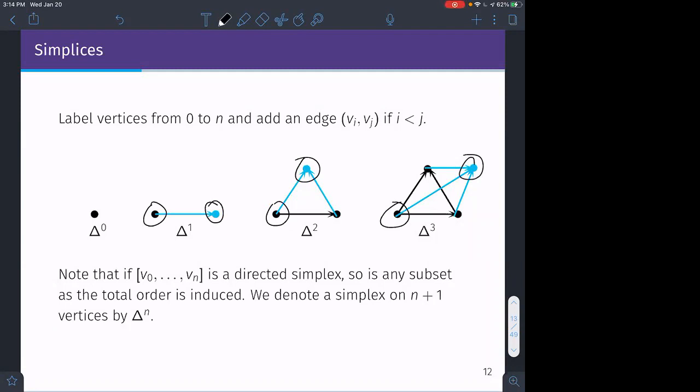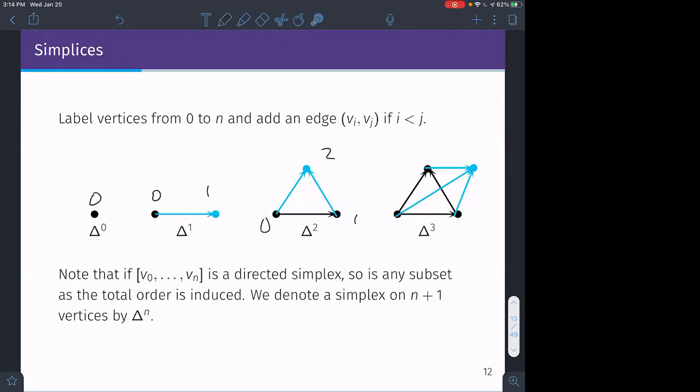More importantly, if I were to think of this as having labels, for example, on the vertices, say 0, 0, 1, 0, 1, 2, I can induce a total order based on the in and out degrees of the vertices. And that total order means that any subset of this will also be a directed simplex.